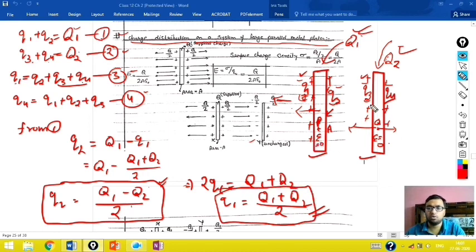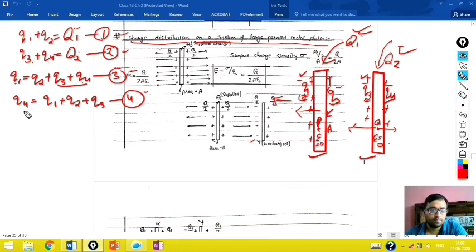Now if we talk about q3, what will be q3? Using equations 3 and 4, you can replace the value of q4 in q3. In equation 3 you will get Q1 equal to q2 plus q3, and q4 is again what? Q1 plus q2 plus q3.